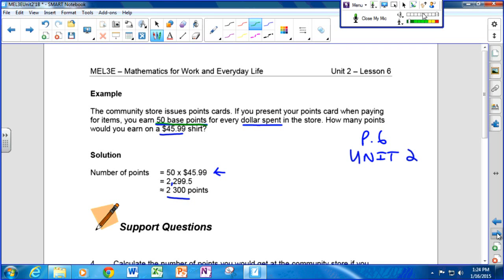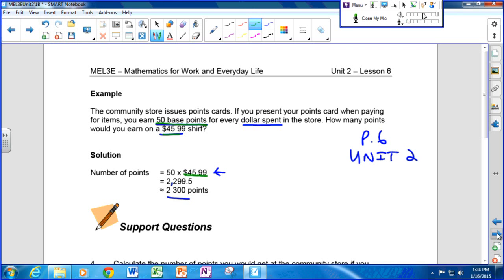So in this case, let's say you buy a shirt for $45.99. And remember, we're almost always going to calculate these on the pre-tax amount. We're not going to use the tax because they're not going to give you points for the government's cut. Only the part where you actually spent money in the store for the goods.